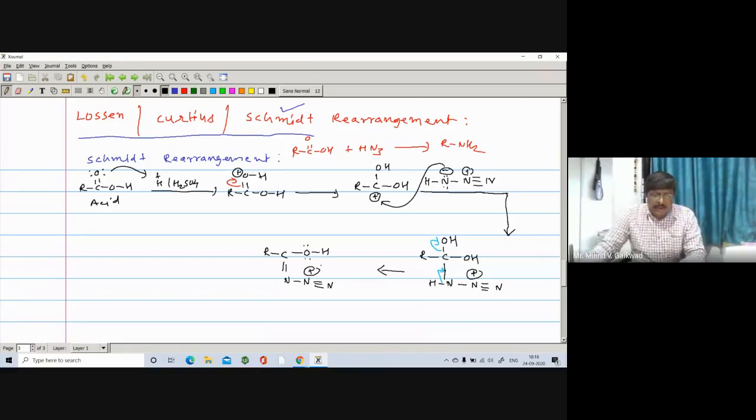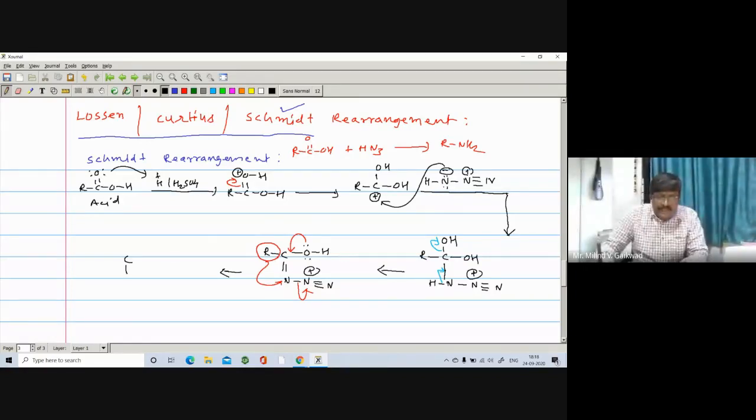Now next step is a rearrangement step. So here what happens? Nitrogen is having positive. So this sigma bond will open on the nitrogen. There is a removal of N2 gas. At the same time, R along with electron pair, R negative, will attack on this N positive, right? This carbon becomes positive. So lone pair will shift on this sigma bond. Formation of a bond, and oxygen carries a positive charge. So here is the carbon, right?